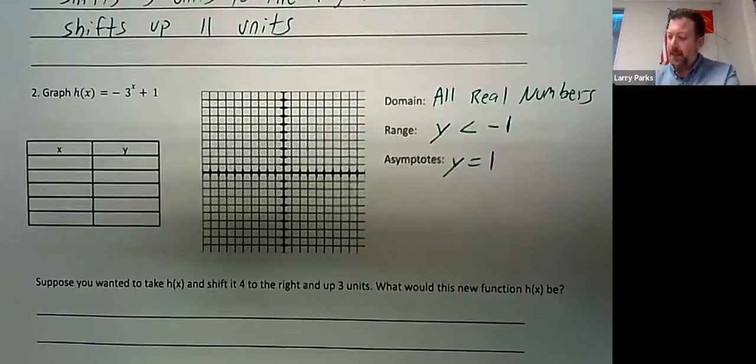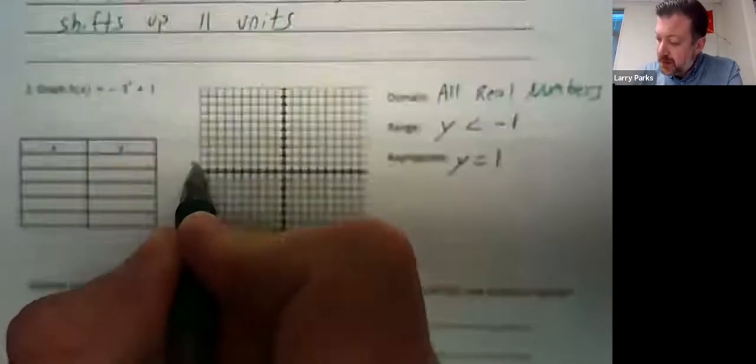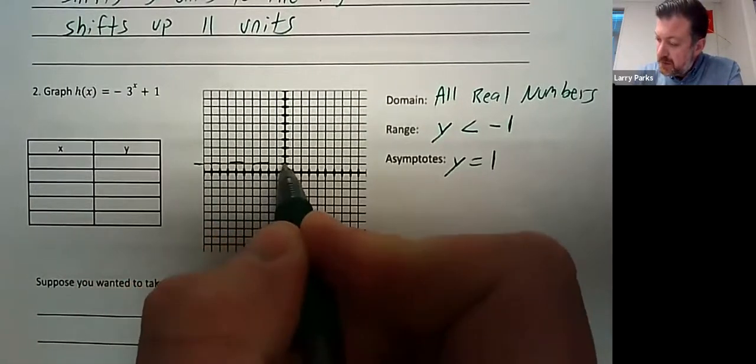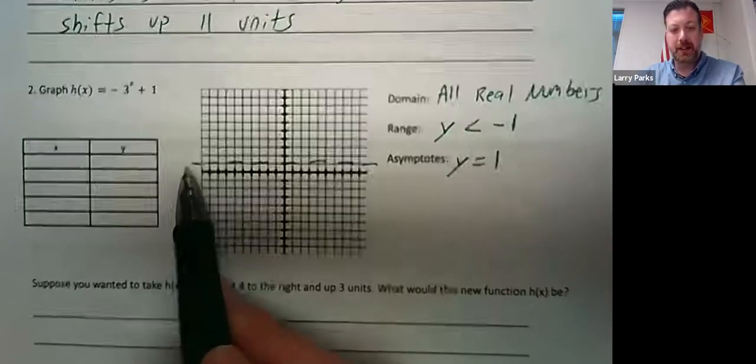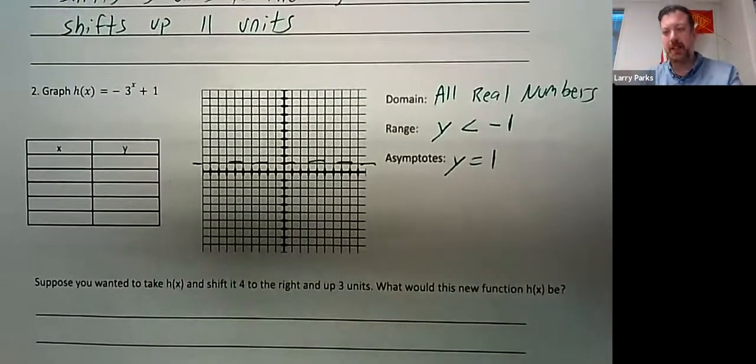So remember, it had a horizontal asymptote at 1. And it looks something like this, okay? And I'm not going to bother with the graph. You could go to Desmos and get that, including the table.